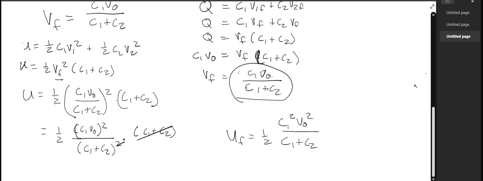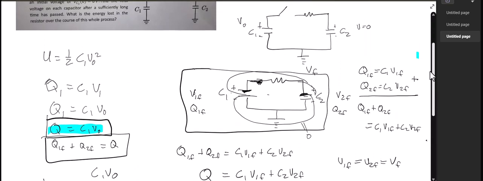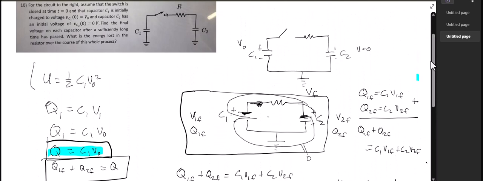So how much energy was lost? Well, our initial energy was 1/2 C1 V naught squared.